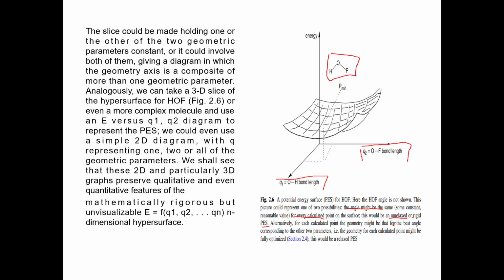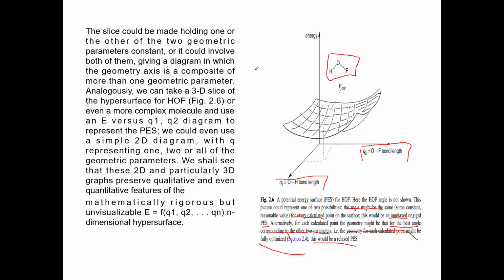But when we calculate the potential energy with the best geometry corresponding to both parameters, the geometry is fully optimized, and we will come back to this in section 2.4, and we call that the relaxed potential energy surface.